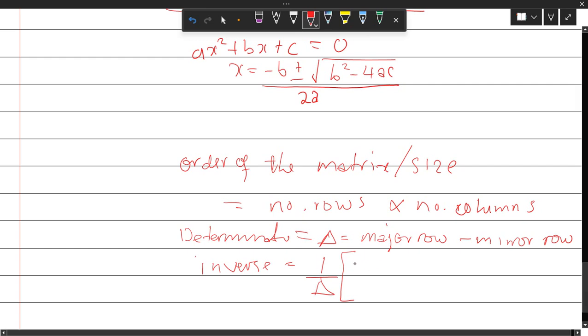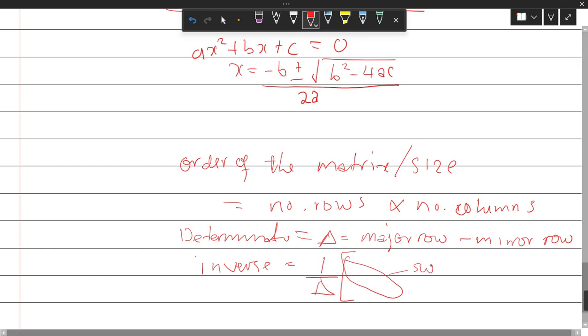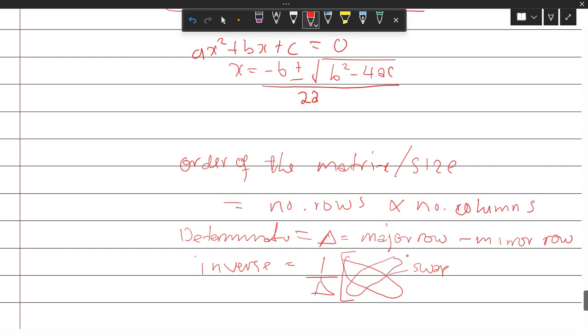So you swap the positions of the values on the major diagonal, then the minor diagonal you multiply by -1, and you get the answer.